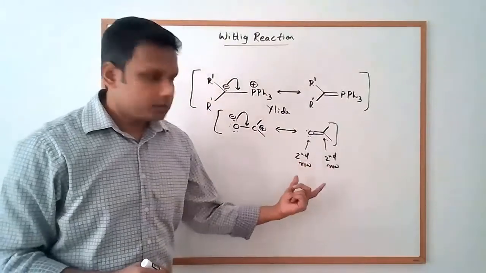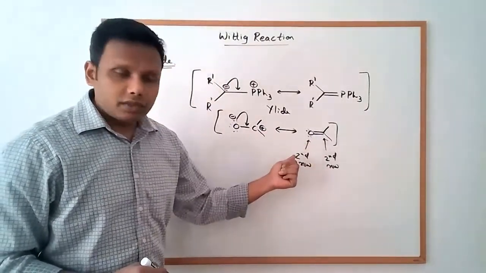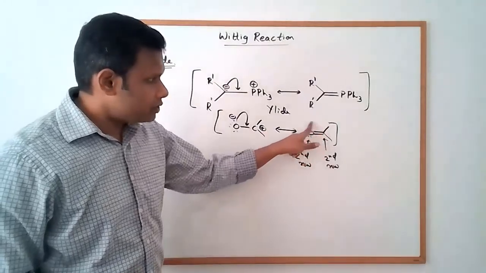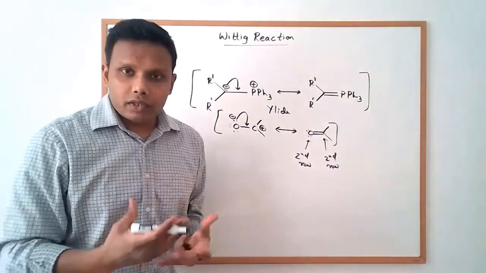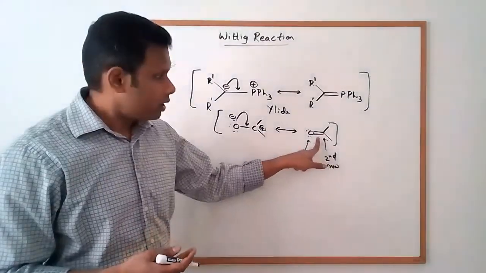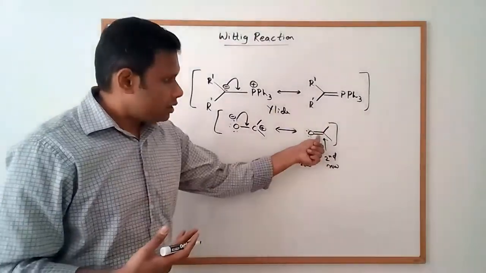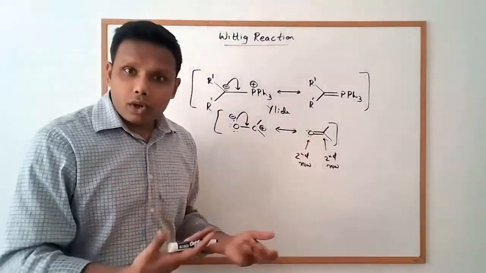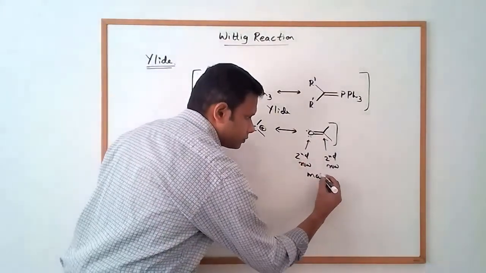When you have a resonance form between such elements, and you have a structure which maximizes bonds, with the octets complete for all the elements involved, then the neutral structure with the maximum number of bonds is a major contributor to the resonance.